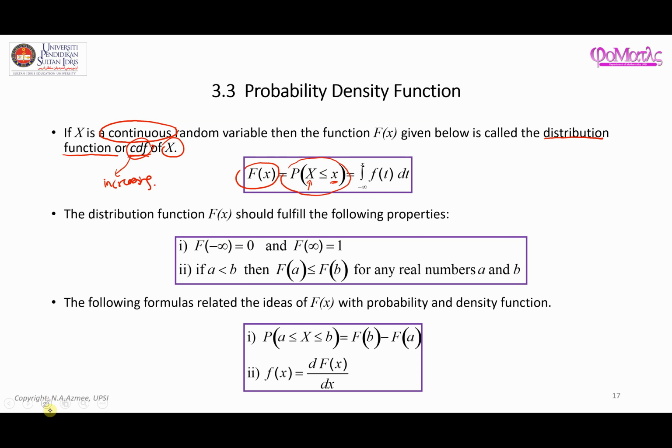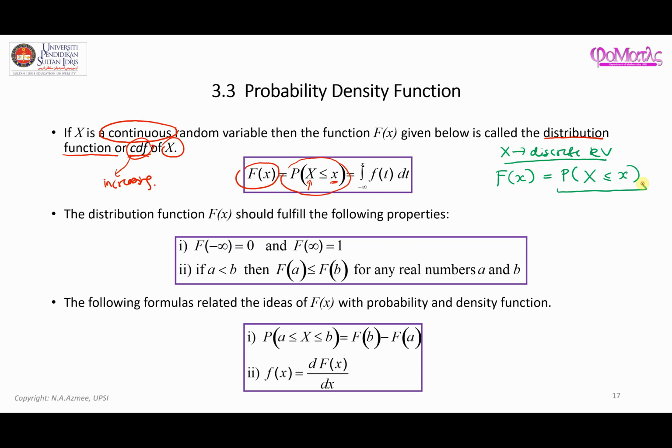I hope you still remember what we did when x is a discrete random variable. We have this notation to say that this is a CDF, cumulative distribution function, which means you find the probability of our random variable x being less than or equal to this specific value, small x.